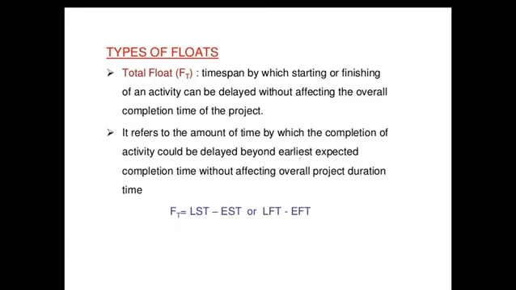Total float is the time span by which the starting or finishing of an activity can be delayed without delaying the completion of the project. What we can find is, in certain activities, there is a difference between maximum time available and the actual time required to perform the activity.